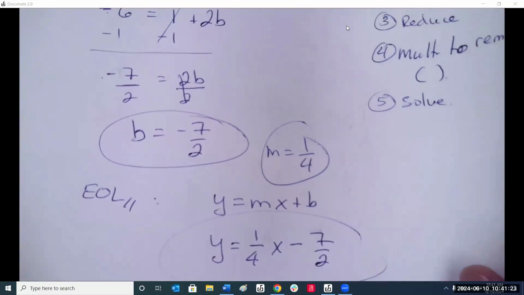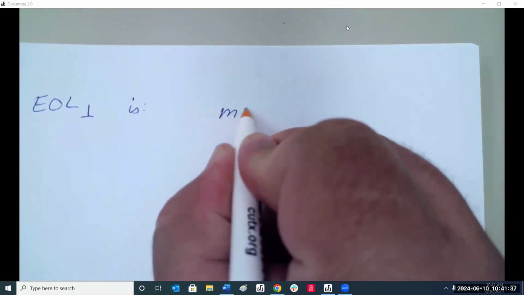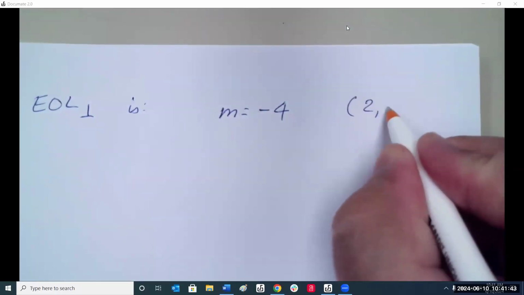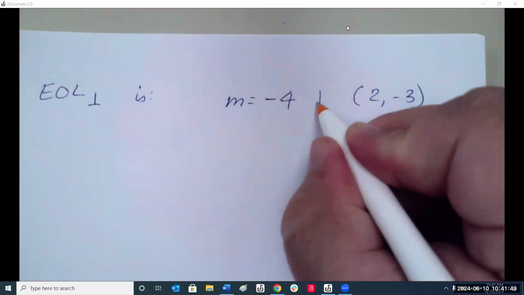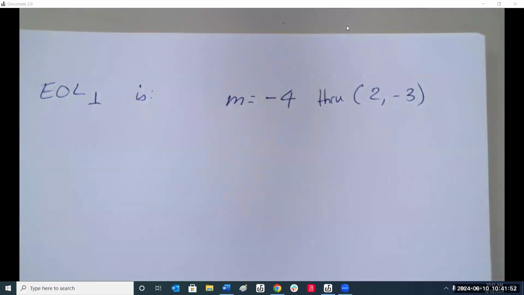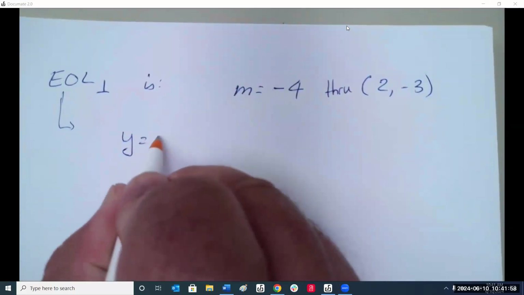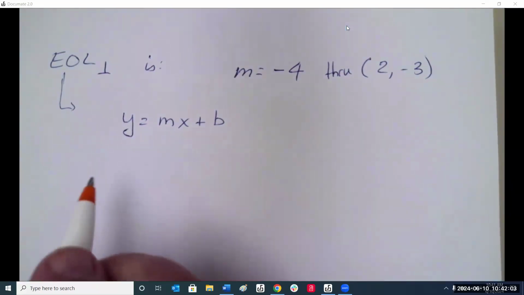That's for the parallel. Now for the perpendicular. The equation of the line perpendicular is, I know my slope is -4, and it's going through the point 2, -3. Again, the equation of a line is y equals mx plus b. Plug in what we know.